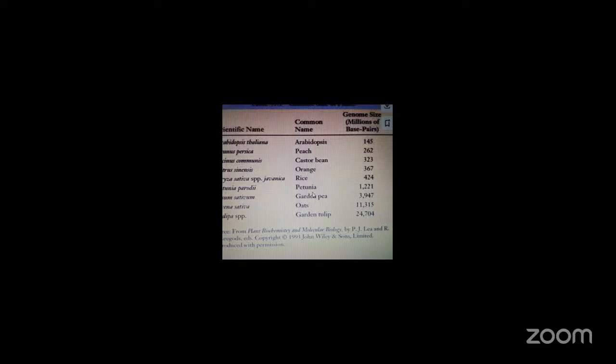In rice, 424 million base pairs are present. The remaining are petunia and Pisum sativum, the garden pea plant. Pisum sativum has 3,947 million base pairs. The garden tulip has 4,000 million base pairs present. Okay.